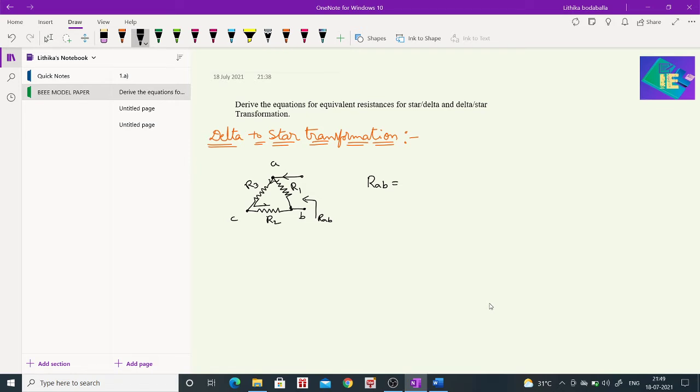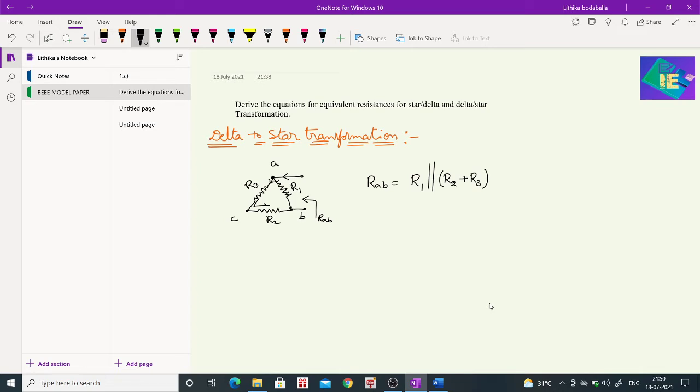So, I can write RAB is nothing but the equivalent resistance after writing the parallel combination of R1 and the series combination of R2 and R3. We know when two resistors are connected in series, in order to get the equivalent resistance, we have to add those two resistances. That's why R2 plus R3. Once we find the equivalent resistance of R2 and R3, that equivalent resistance is in parallel with this R1.